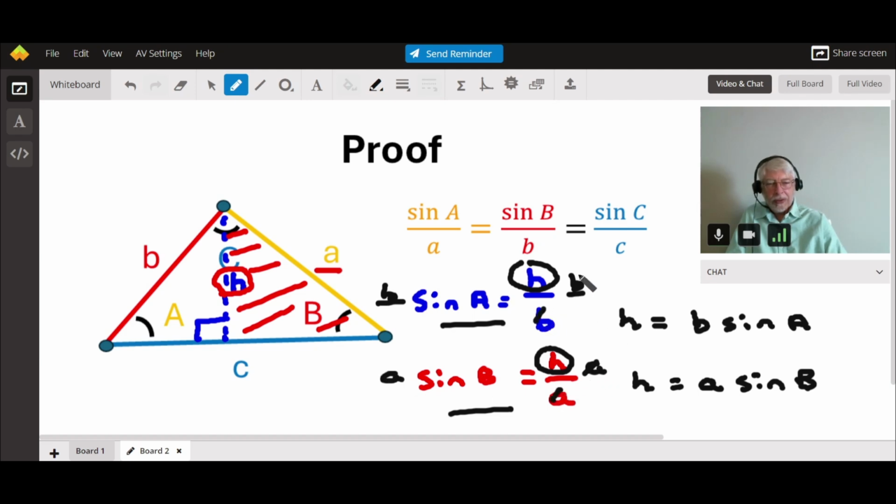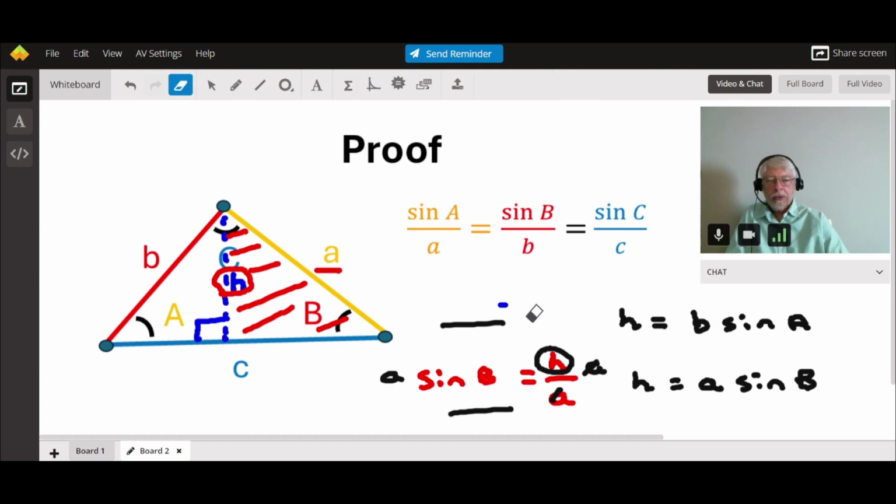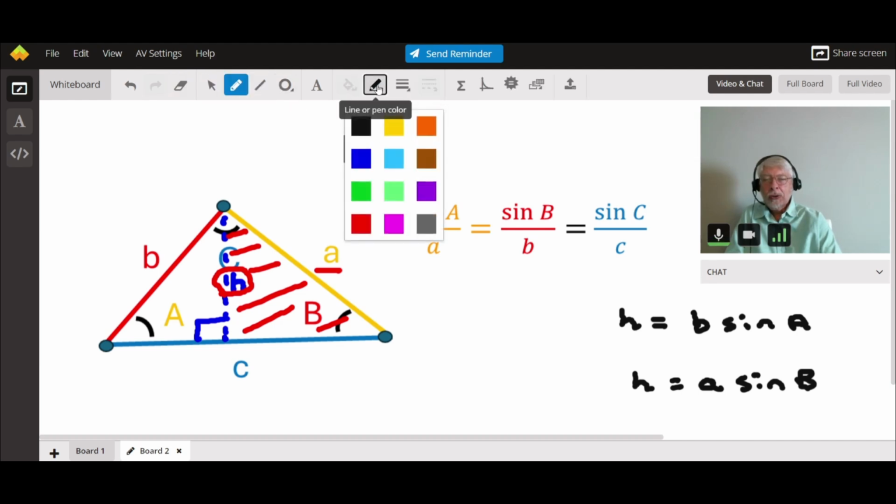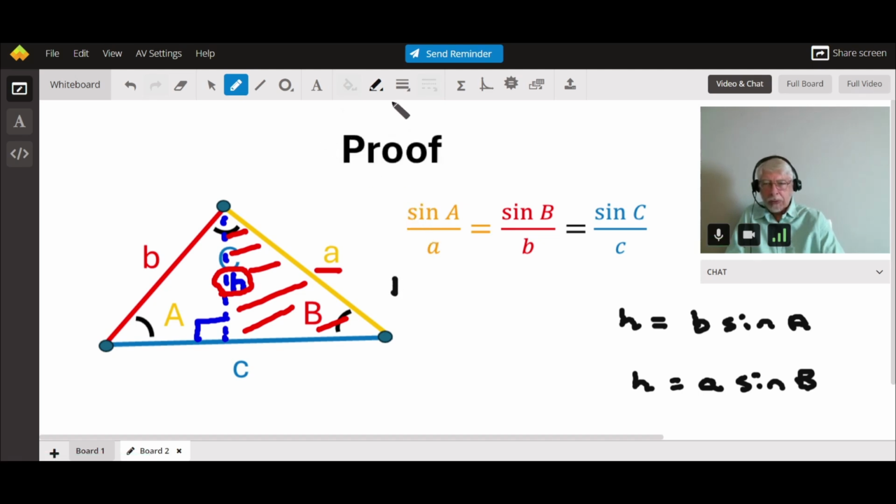And those cancel. Now that we know that h is equal to b sine A and h is equal to a sine B, I'm going to say that b sine A, and let me use a different color.